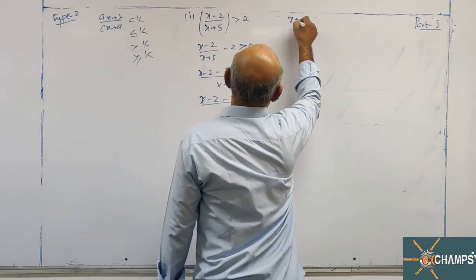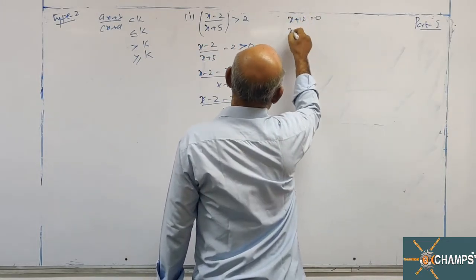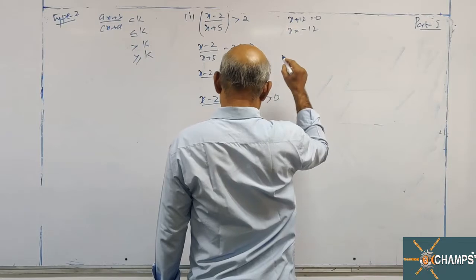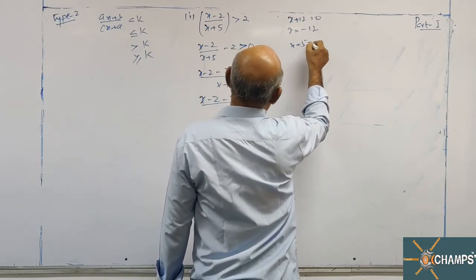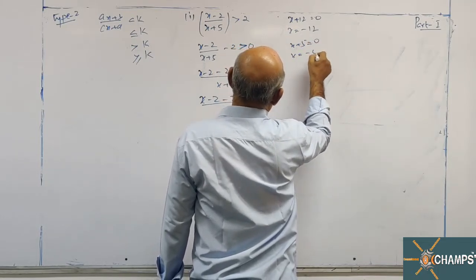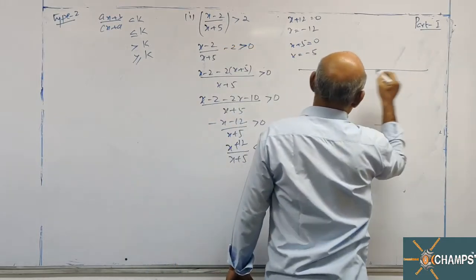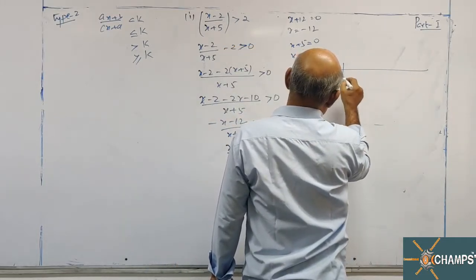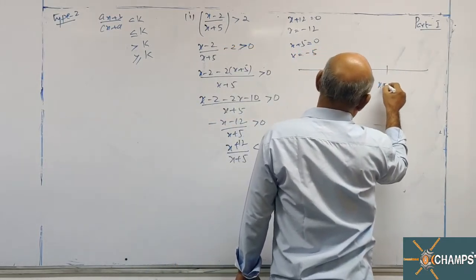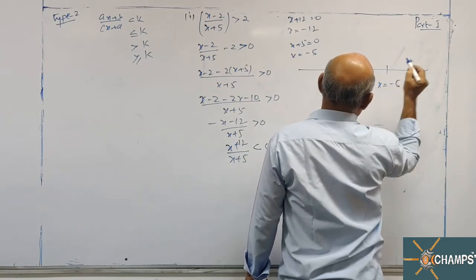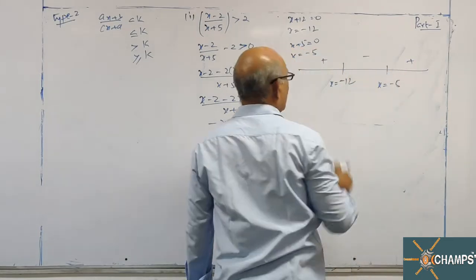Here, when x plus 12 is equated to 0, x is equal to minus 12. When x plus 5 is equated to 0, x is equal to minus 5. So x is equal to minus 12, x is equal to minus 5.